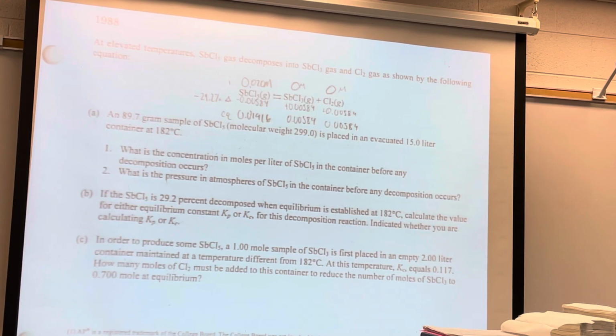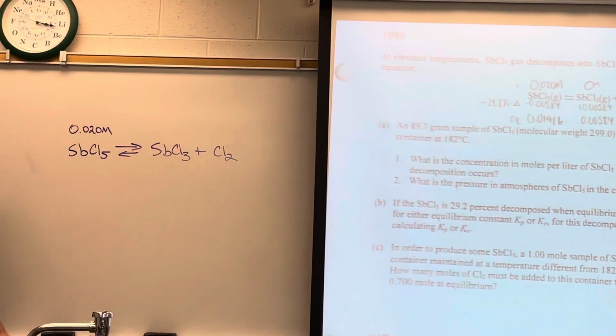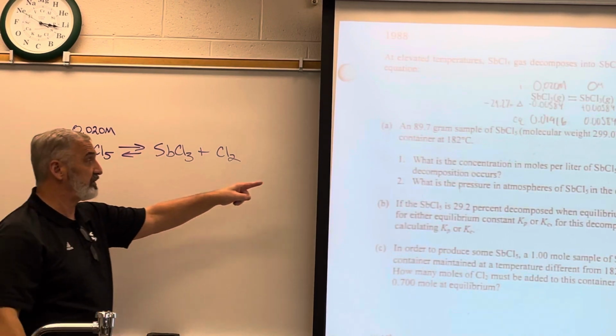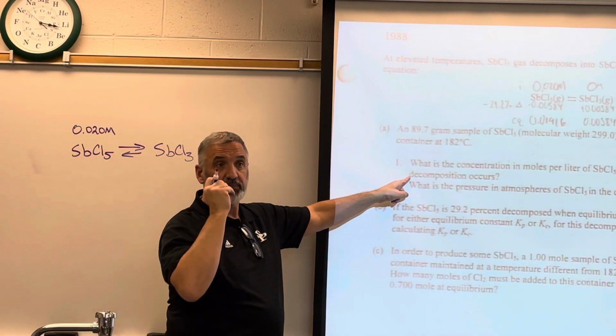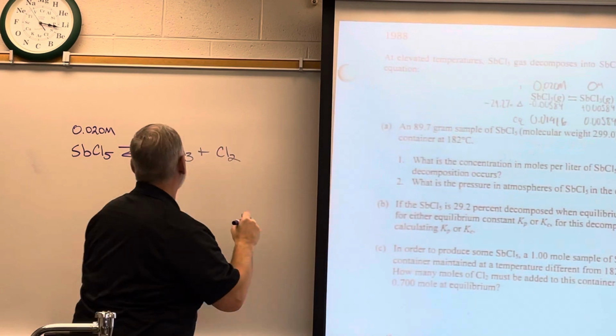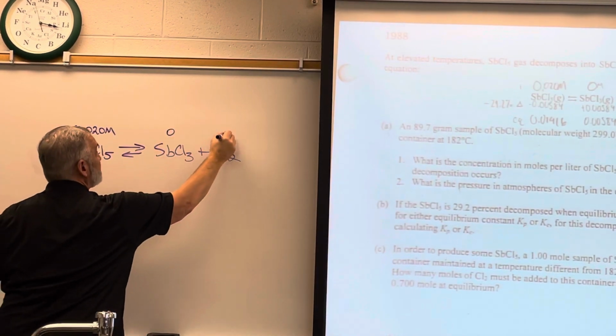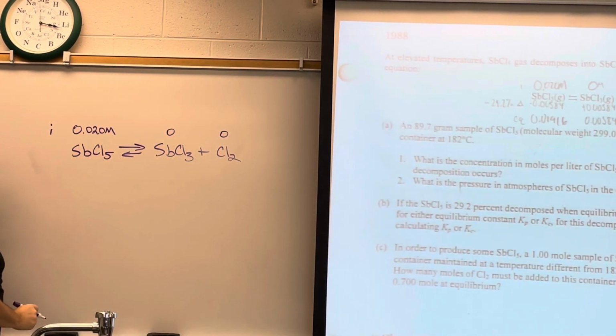Someone agreeing with me on that one? That's my initial concentration, what you get when you do number one. My initial for the products is 0 and 0, since it hadn't reacted yet.